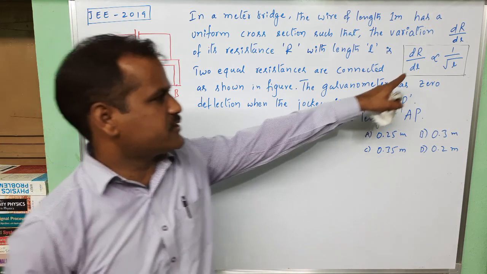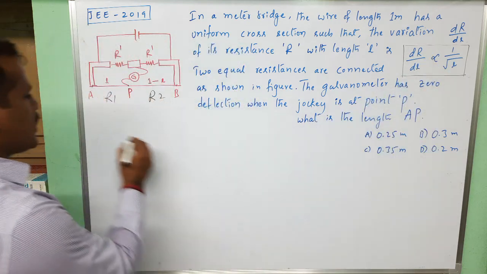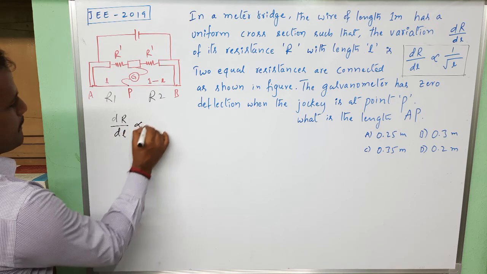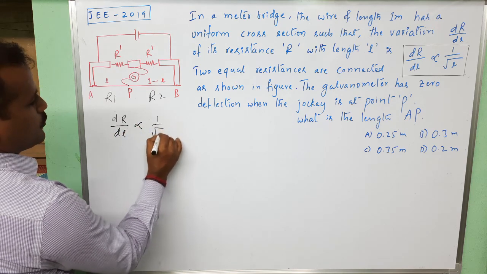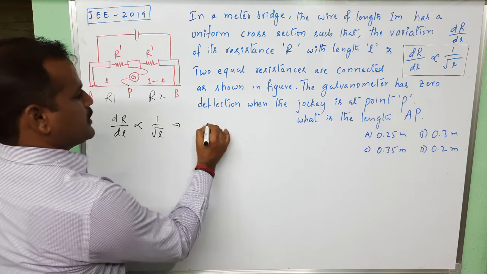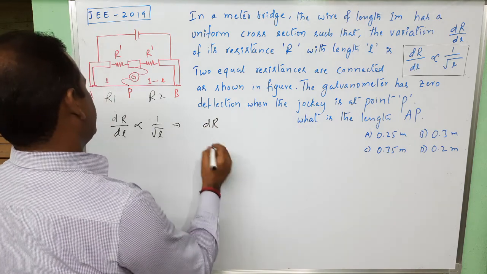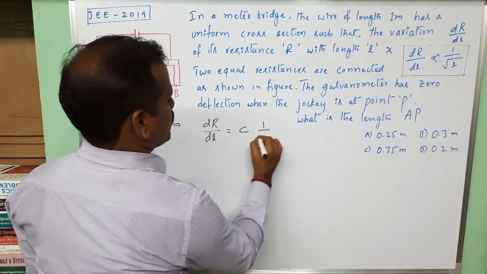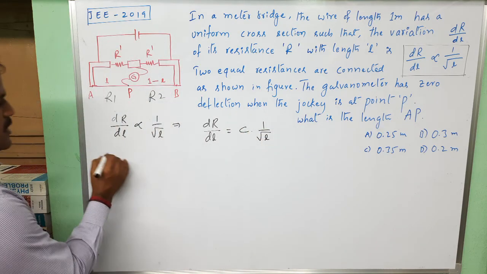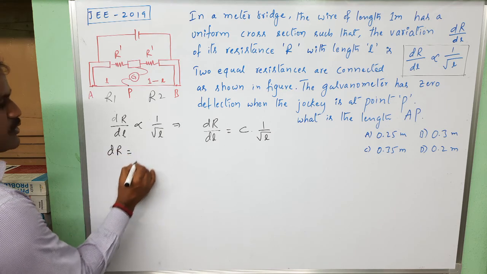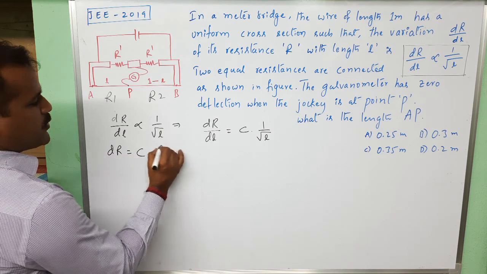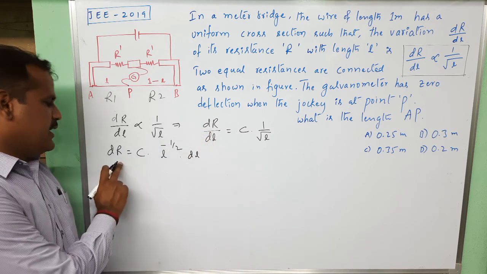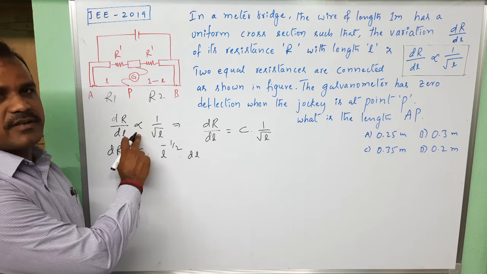And I am considering that condition, dR by dL proportional to 1 by square root L. That means I can write it as dR by dL is equal to some constant into 1 by root L, or we can say dR is equal to C into L to the power of minus 1 by 2 into dL. Observe, this is the expression we got from the given condition in the question.